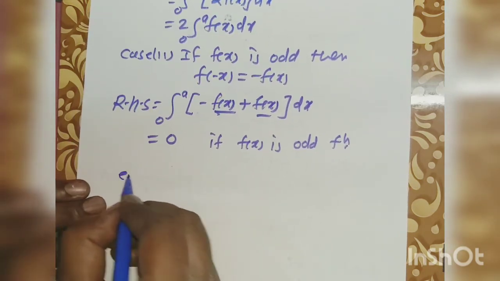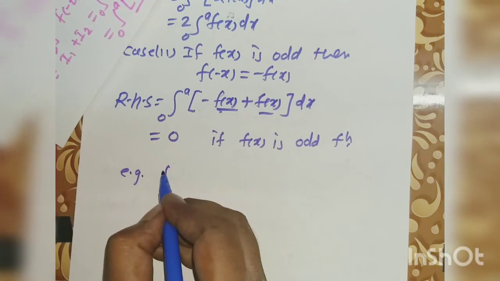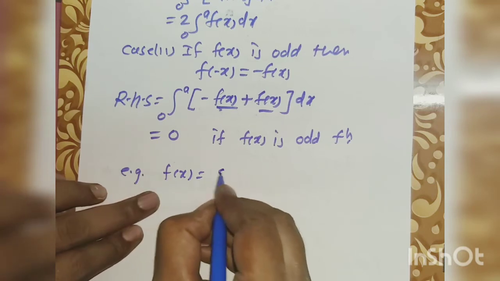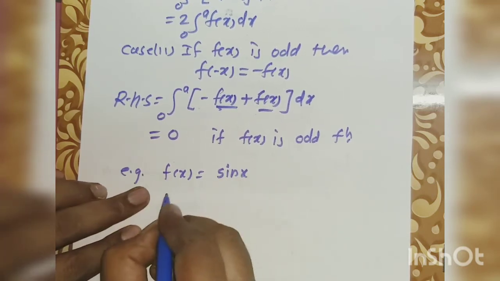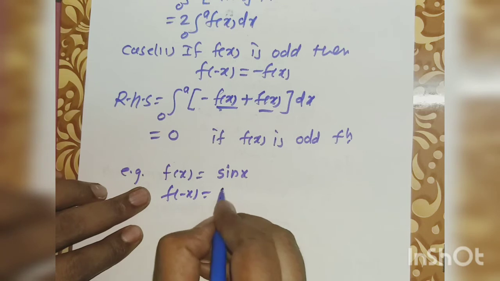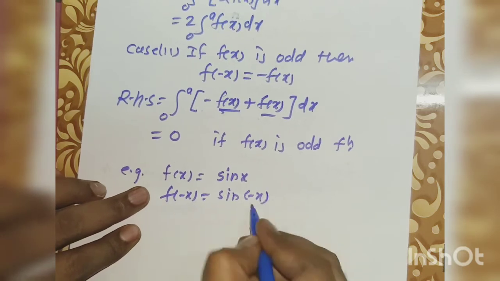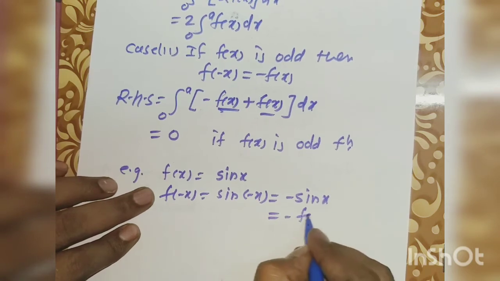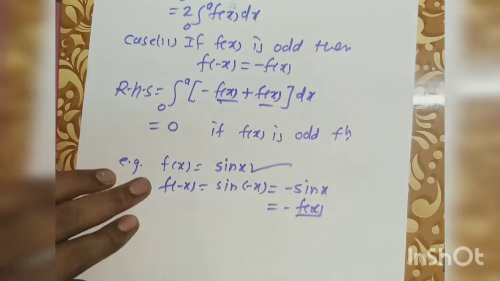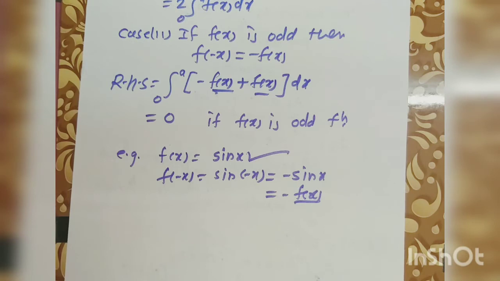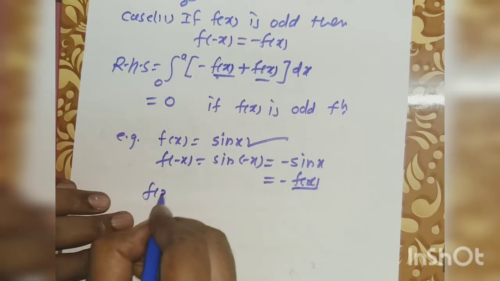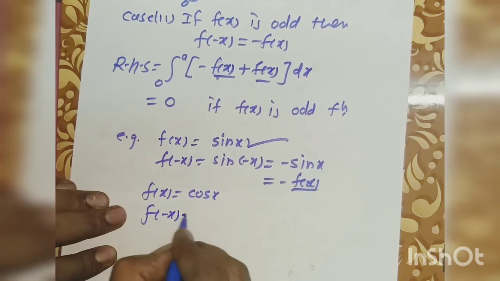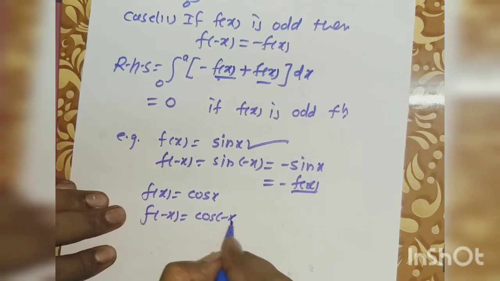Now for example, f of x is equal to sin x. f of minus x is equal to sin of minus x, is equal to minus sin x, is equal to minus f of x. That means f of x is equal to sin x is an odd function. And f of x is equal to cos x, f of minus x is equal to cos of minus x.